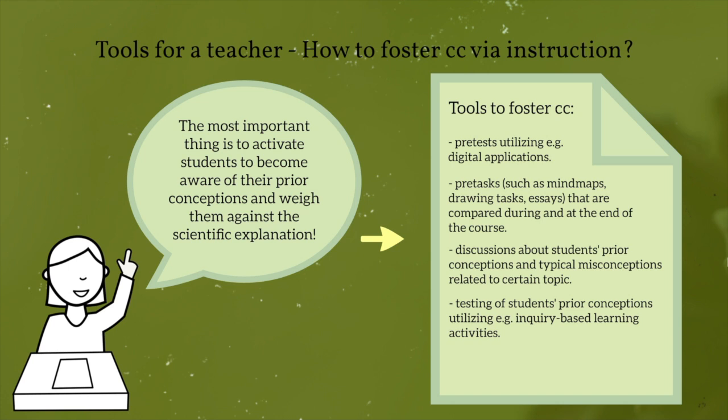Sometimes you may want to offer possibilities for students to test their previous conceptions, utilizing, for example, inquiry-based learning activities, which provide them concrete opportunities to make notions about the usability of them. Thus, the main message is that you may choose whatever meaningful method as long as it promotes students to critically evaluate their existing knowledge structures and supports them to reach conceptual change.